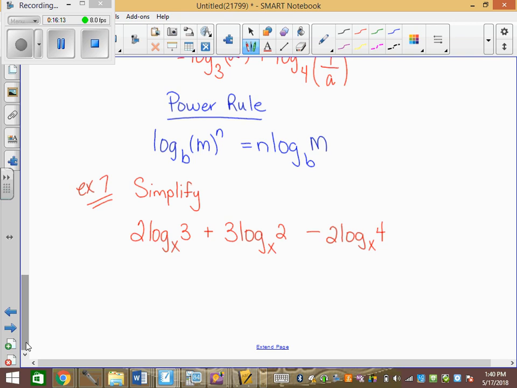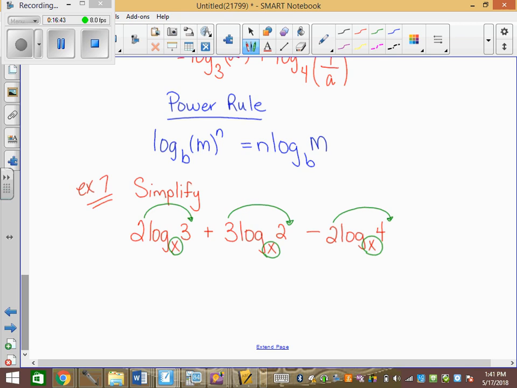So what I'm going to do first is take these numbers and bring them up as the exponent. Because our first rule is we need to have plus or minus ones in front. Do we? No. Secondly, we have to have common bases. Do we? Yes, they're all x's, so that's good. But we can't put them together right now because they don't have plus or minus ones in front. Okay? So we're going to get this as, and you guys will spot this, whenever they have common bases like this, they're probably putting them together.